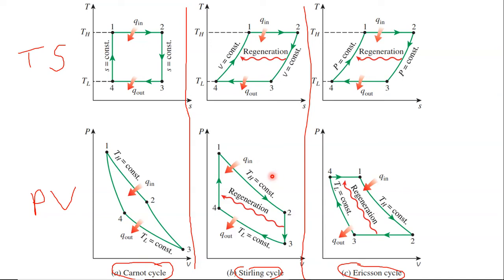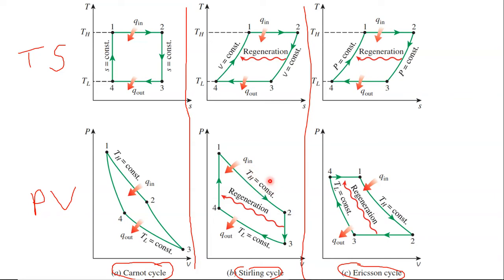As we had discussed before in module number 1, both isentropic and isothermal processes are curved on a PV diagram. So that is why on the PV diagram both cycles will look similar. But the difference is that these two processes are isentropic for the Otto cycle, but for the Stirling cycle they are isothermal.